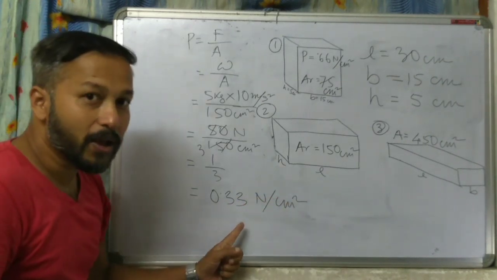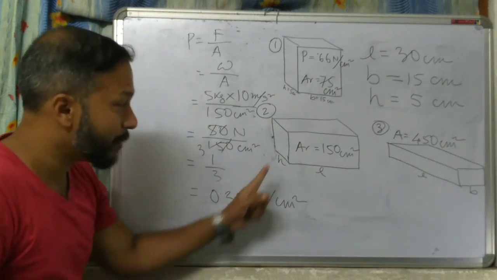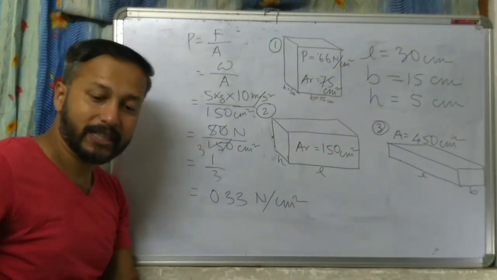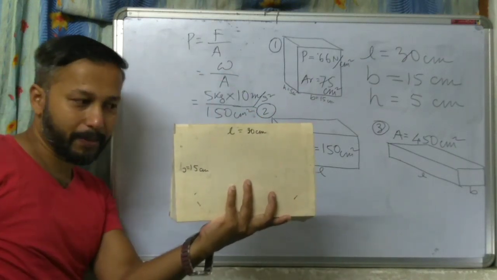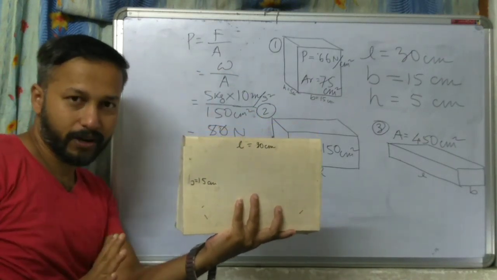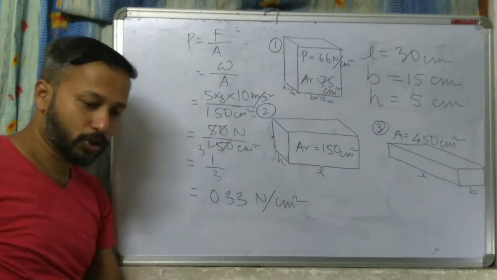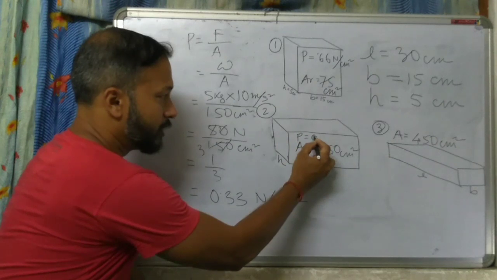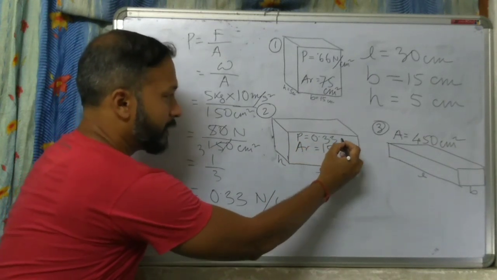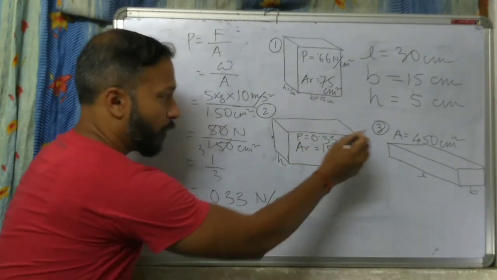This is the pressure exerted by this book when you are keeping the book this way. Understood? So the pressure we got is 0.33 Newton per centimeter square.